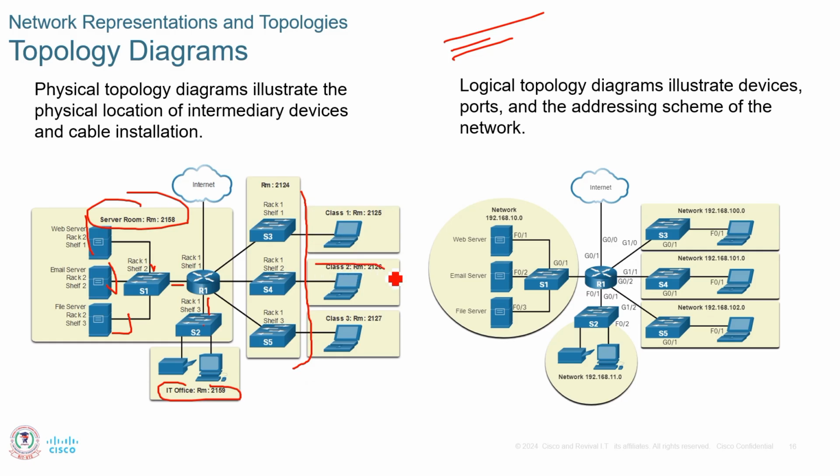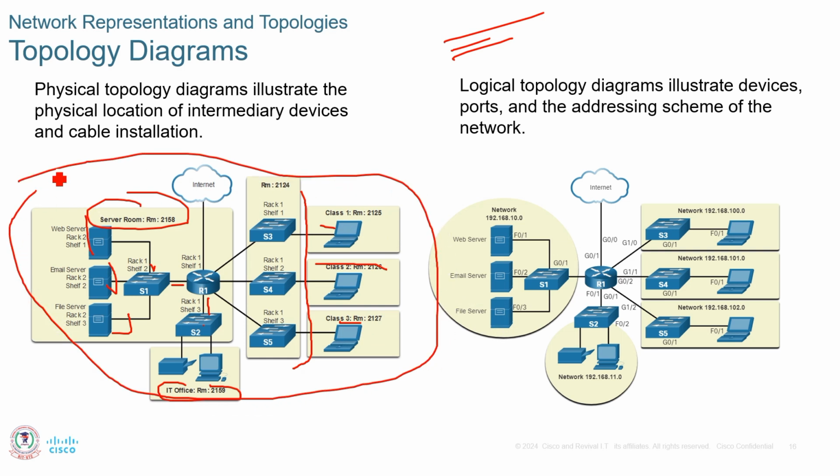You see, class 1, class 2, class 3. So now, if you look at this diagram, you will notice that there is no addressing. It's only just the label and the placement of the devices.